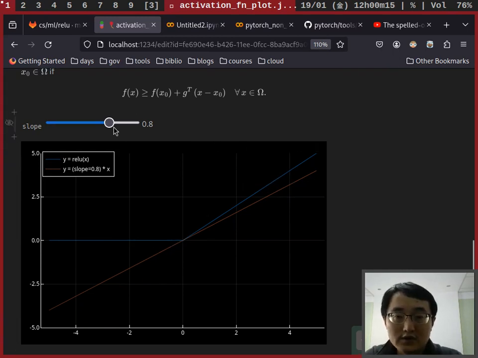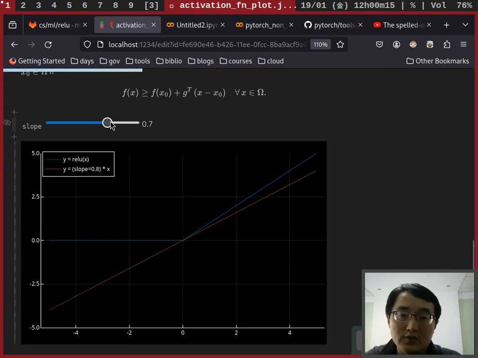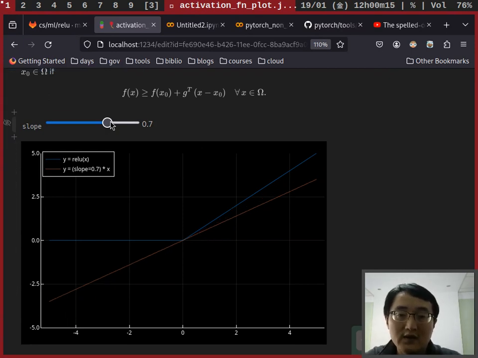So in this example, when the slope equals 0.8 or 0.7, it is a subgradient.